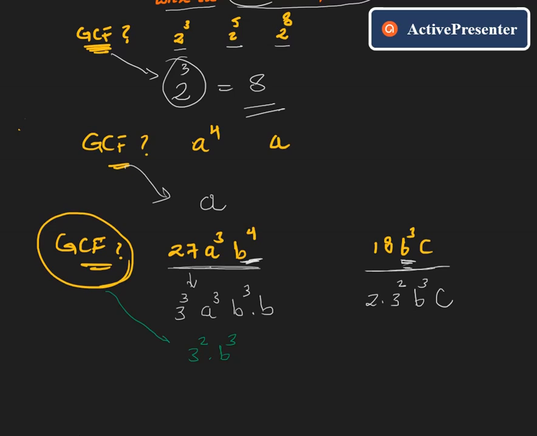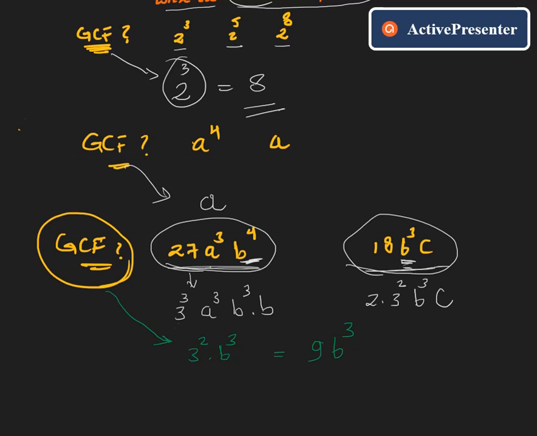This is simply the greatest common factor, which is 9b cube, the greatest common factor that can divide this and this.